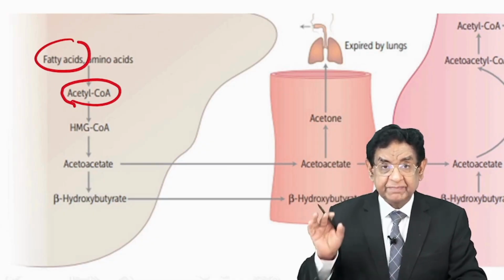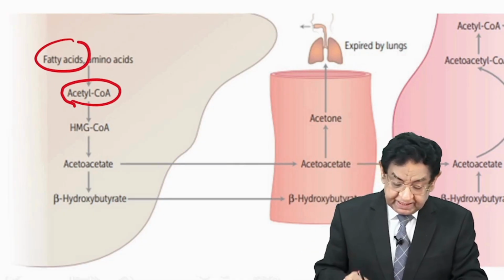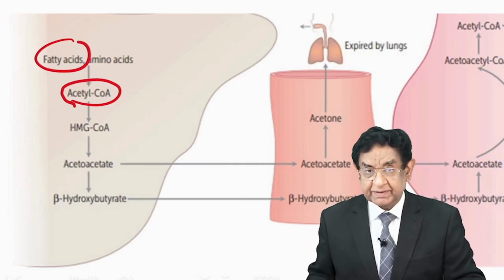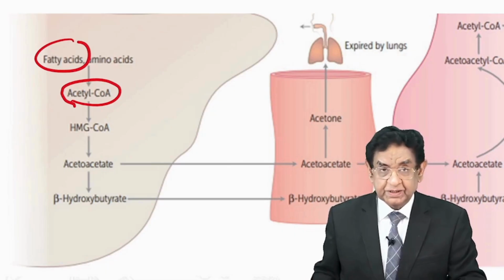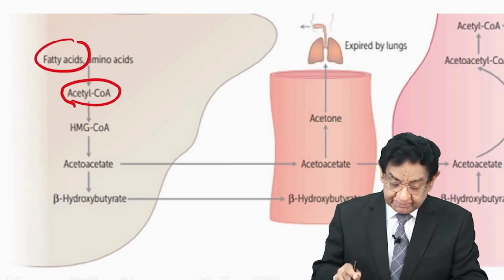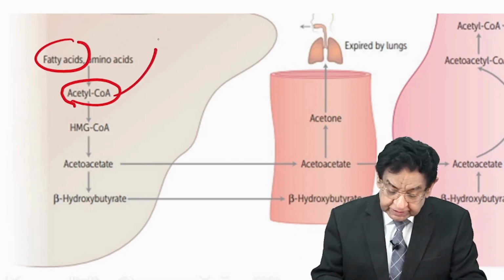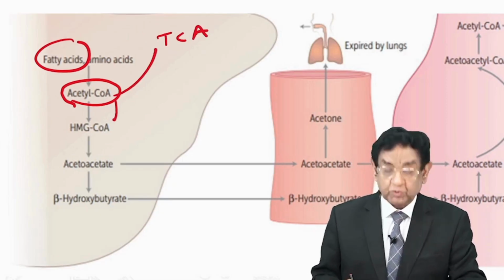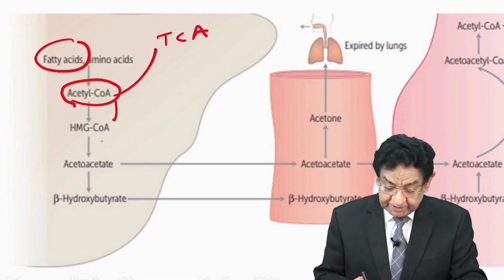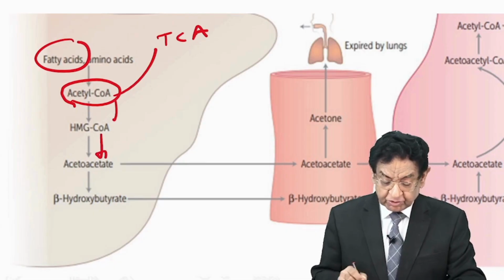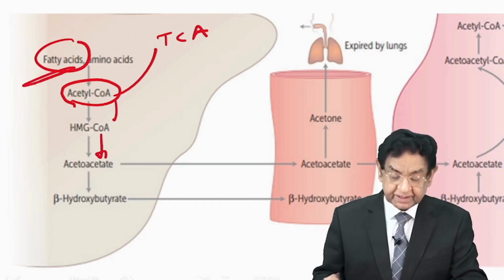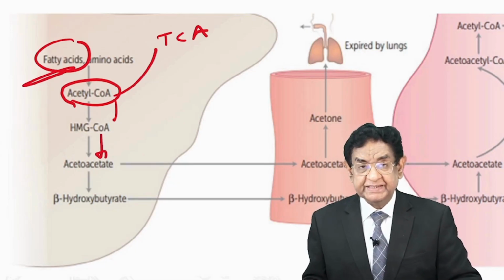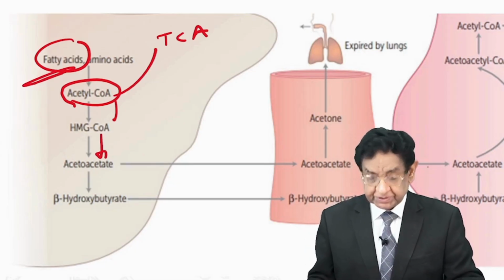It entered the mitochondria and produced acetyl coenzyme A. We know. So now this acetyl coenzyme A normally can go into the TCA cycle, or it can go into making HMG coenzyme A, and that HMG coenzyme A makes the acetoacetate. Now we are clear about how fatty acid is contributing to ketosis.